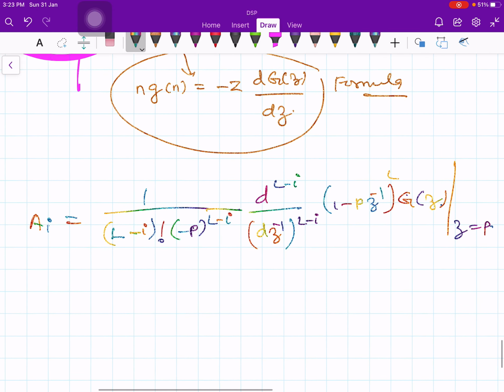So this is the general formula to calculate the constants a1, a2, a3, a4 up to aL.